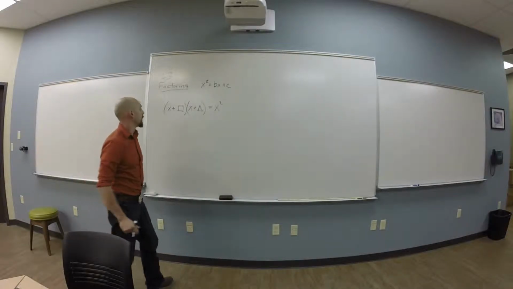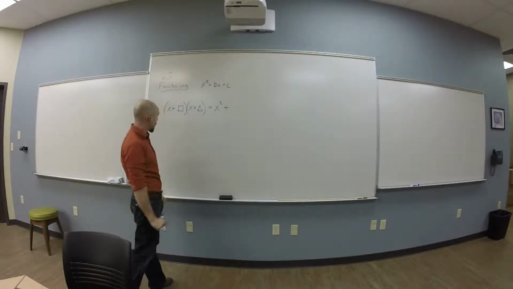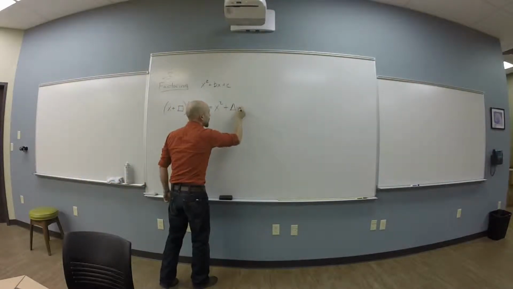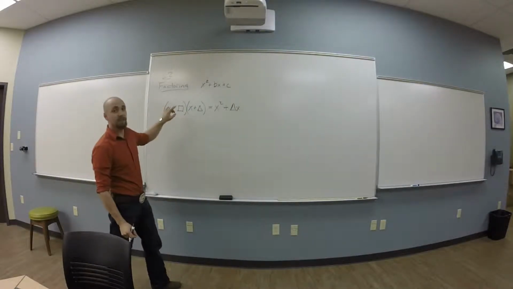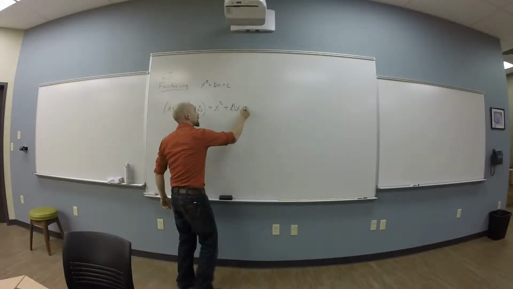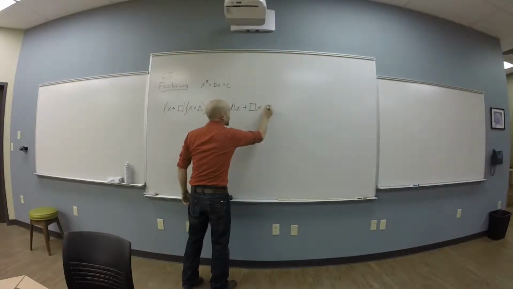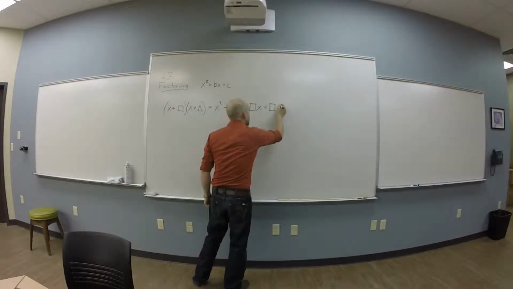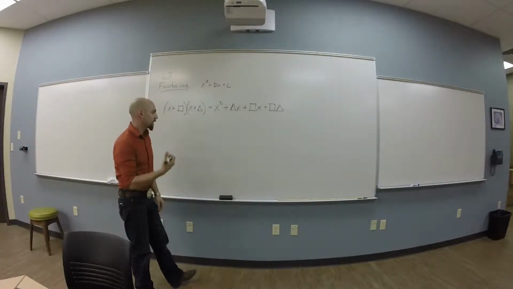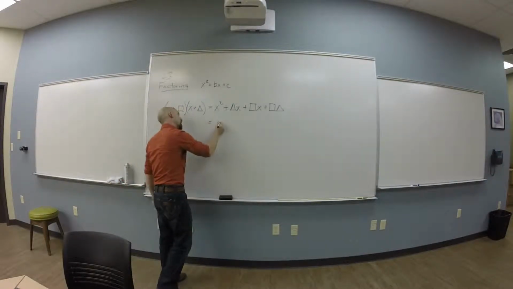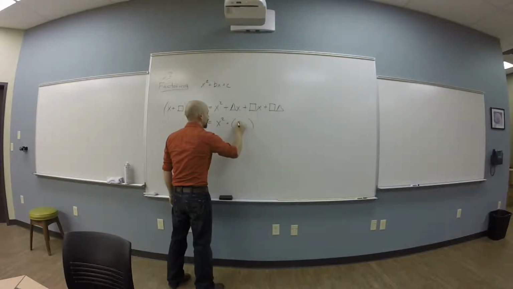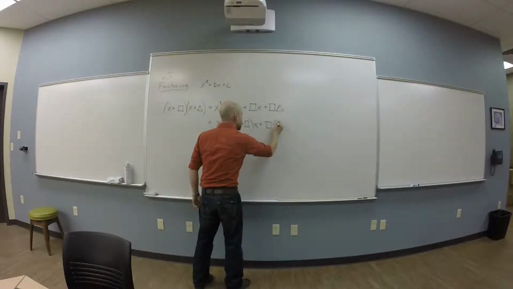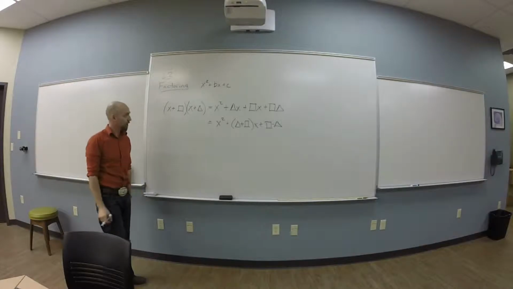Then the outsides is a triangle times an x, the insides is a box times x, and the lasts is a box times a triangle. Maybe I could consolidate some like terms. So this is x squared plus triangle plus box x plus triangle times box. I said those backwards, but that's what I mean.